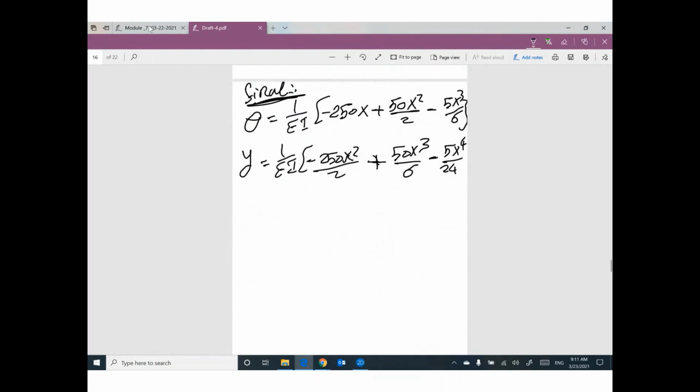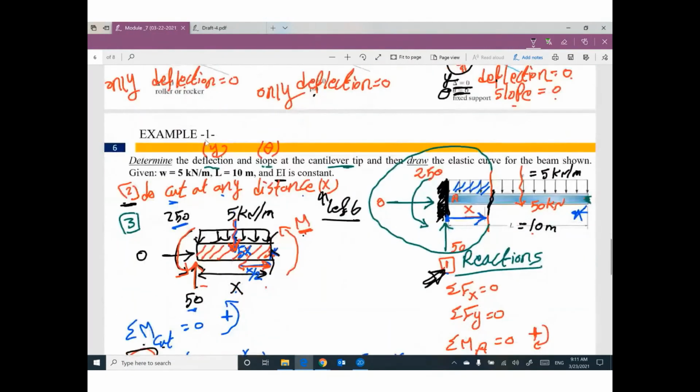What is required in the problem? We are looking for deflection, y, and theta, slope at the cantilever tip. Anybody can tell me at this tip, what is the value of x? X is starting from left. What is the value of x?